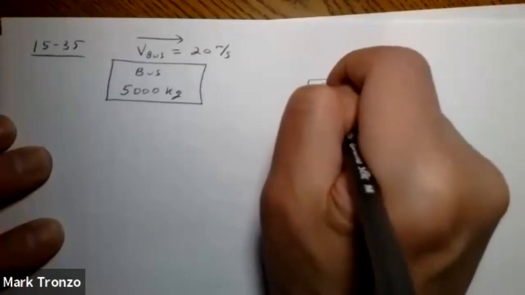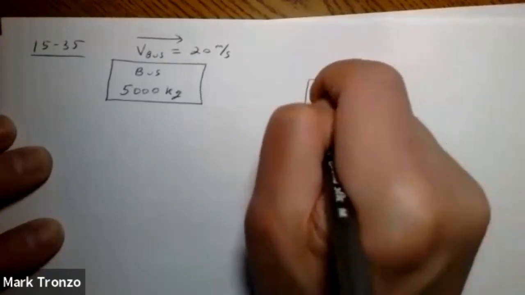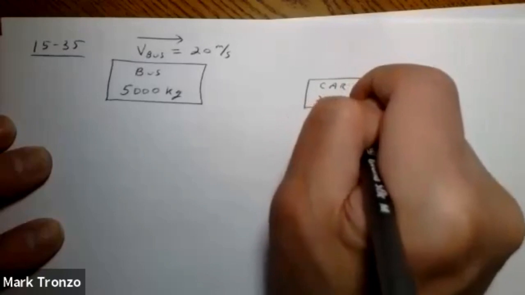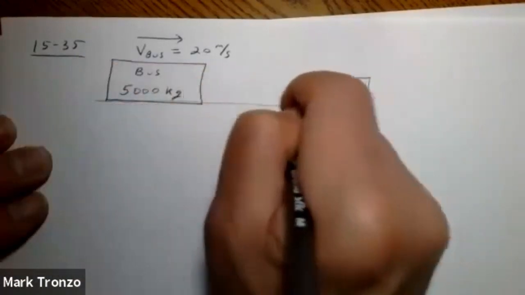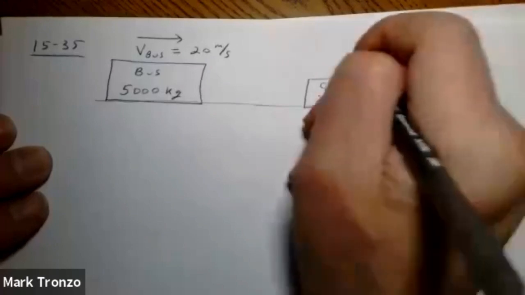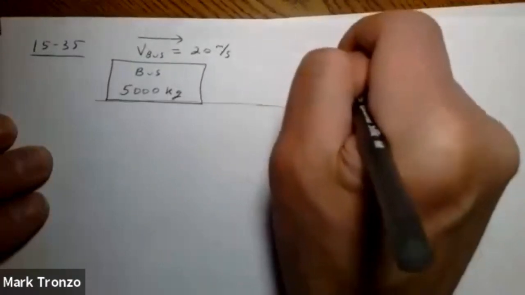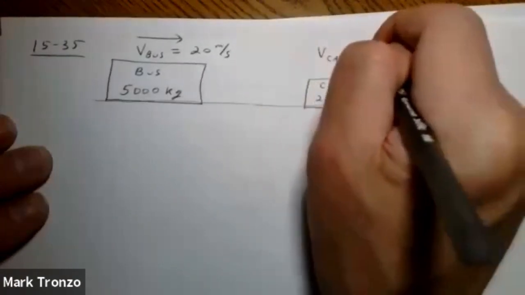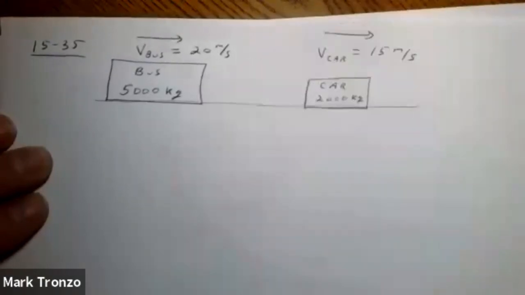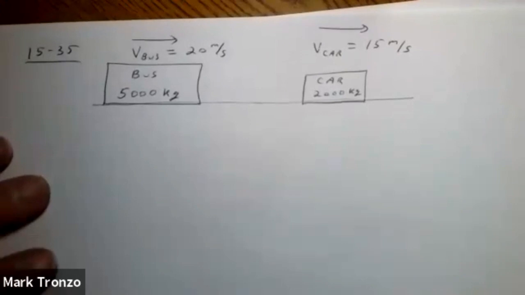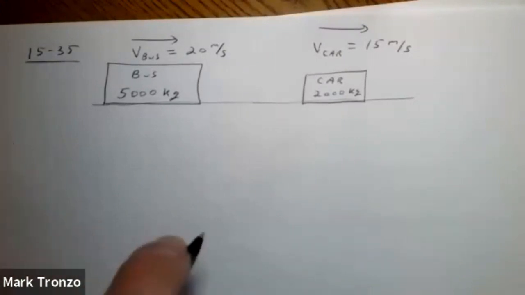And the car is 15 meters per second. And so it wants to know the velocity just after collision.